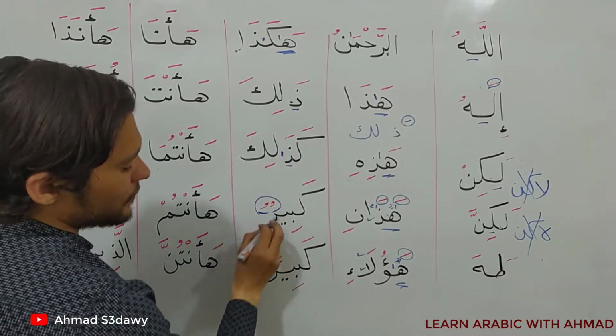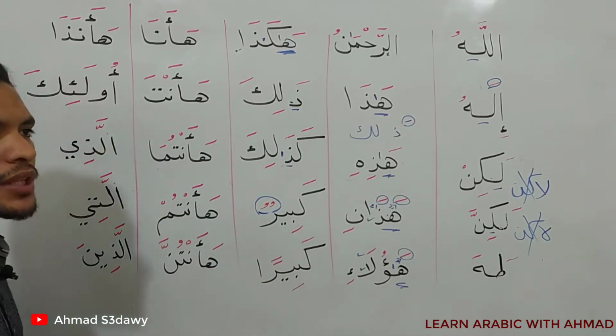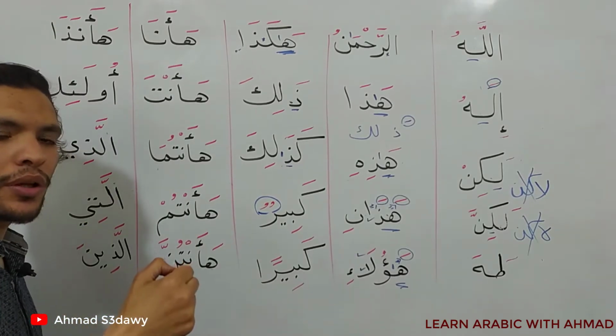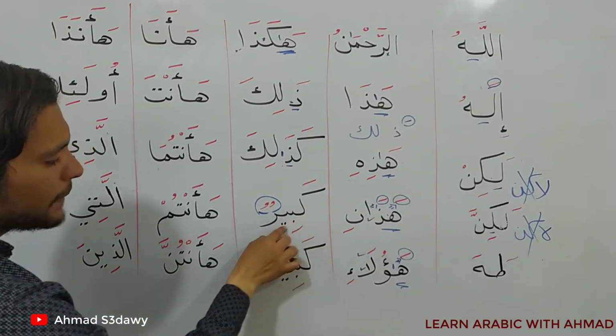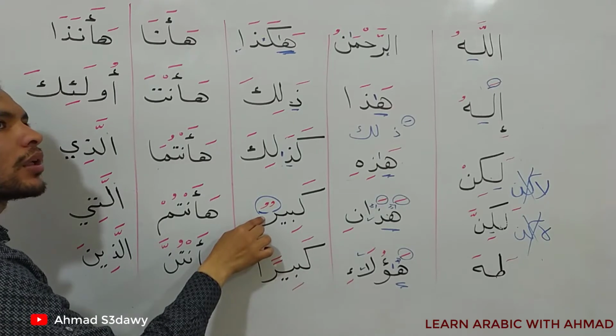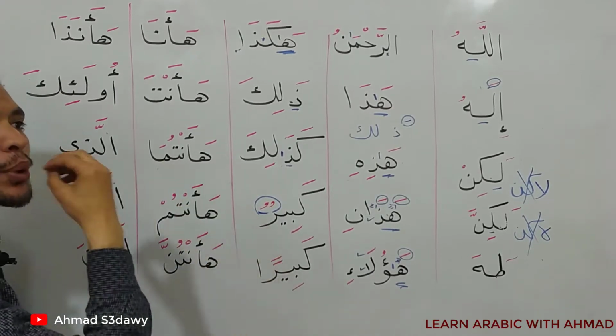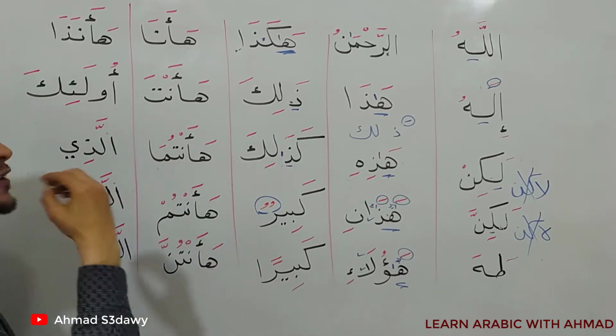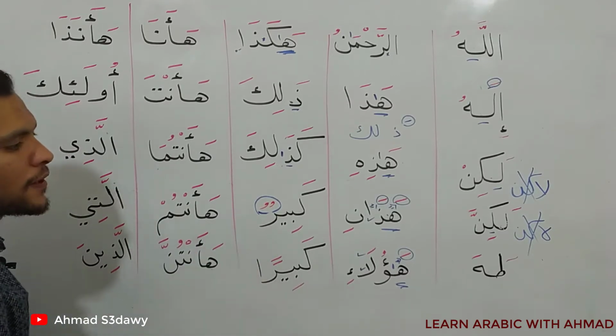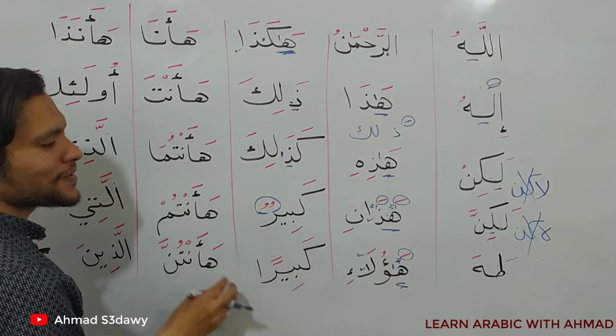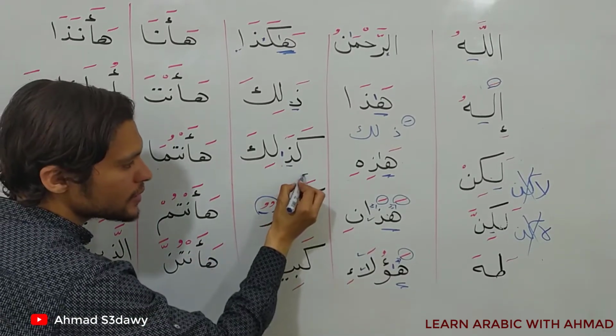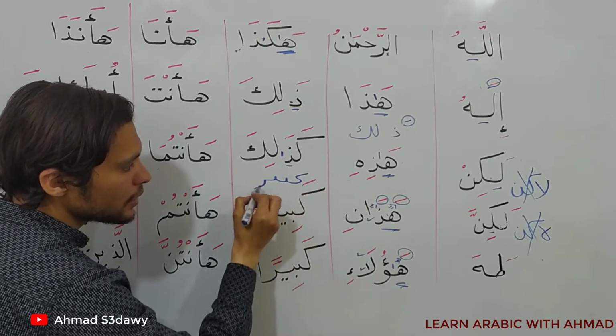Also the tanween. When you pronounce the tanween, you pronounce a noon. When you say kabirun, you pronounce noon, but you never write it. So another silly mistake, actually, they would write it this way, kabirun.